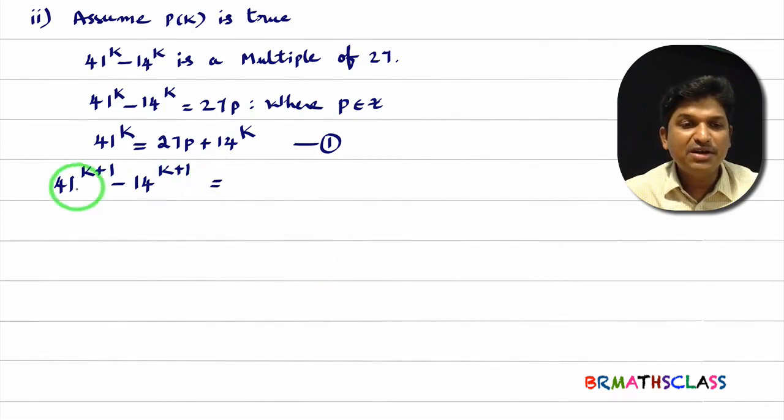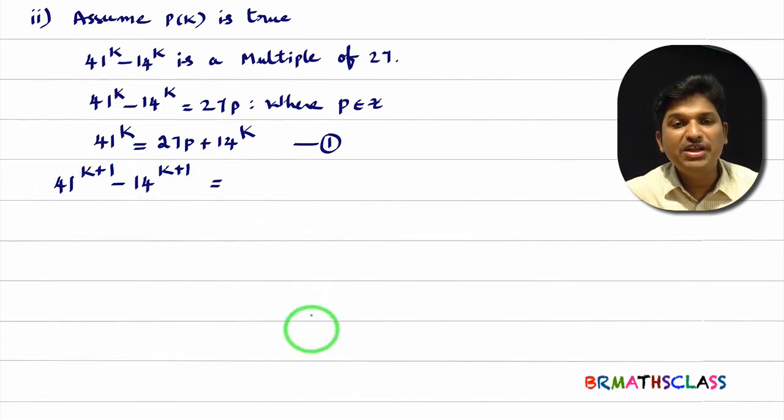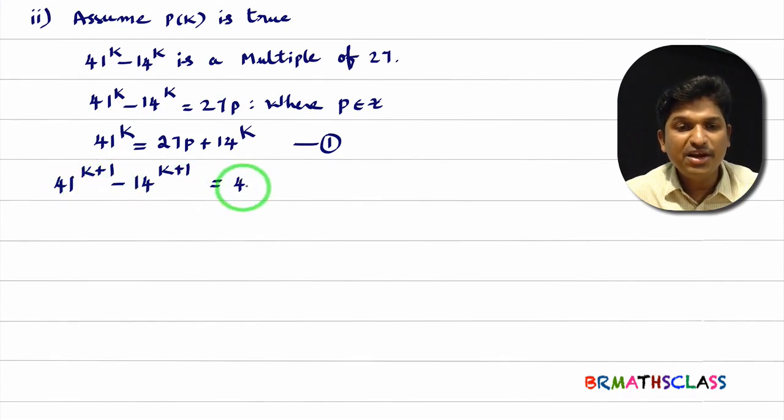In the process of proving that, I am going to use this information. You observe here, it is in the form of a power m plus n. What is the formula of a power m plus n? A power m into a power n. Similarly, 14 power k plus 1 can be written as 14 power k into 14.